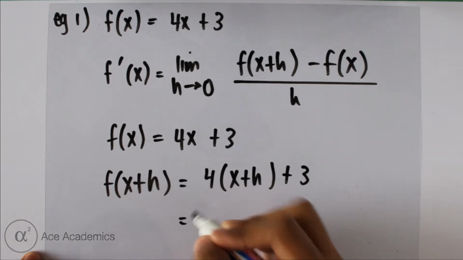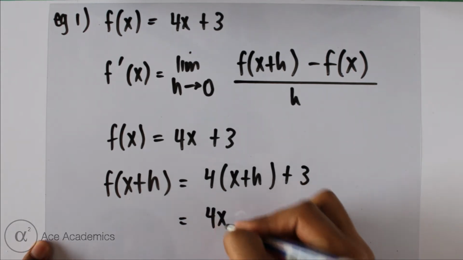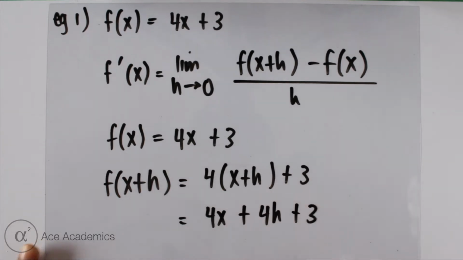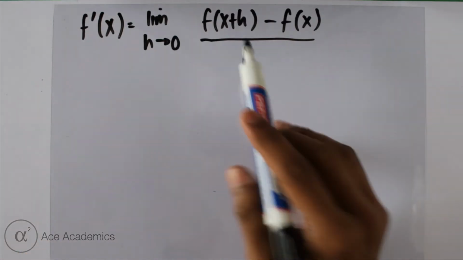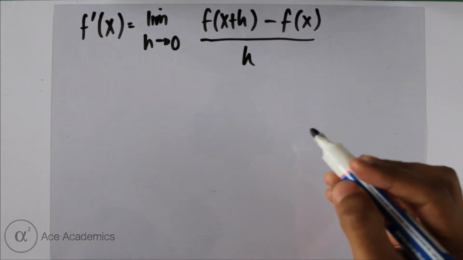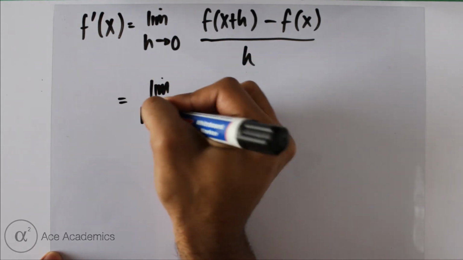And just to simplify that out, I'm going to distribute the 4 into the bracket, so we're left with 4x plus 4h plus 3. Now substituting in for f of x plus h and f of x, as we determined in the previous slide, we're left with the limit as h tends to 0.